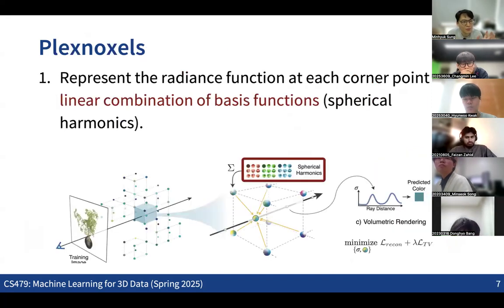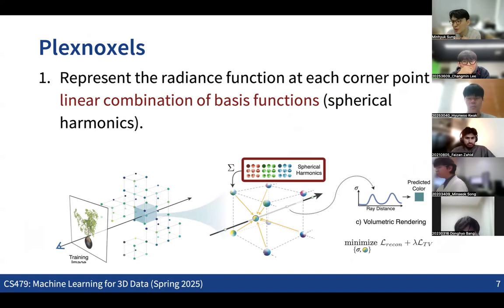And for that, while skipping some details here, we are going to represent the radiance function with respect to the view direction as a linear combination of some basis functions. The very basic idea, if you are not familiar with spherical harmonics, is that the Fourier transform is all about representing signals as linear combinations of sine and cosine functions, right?